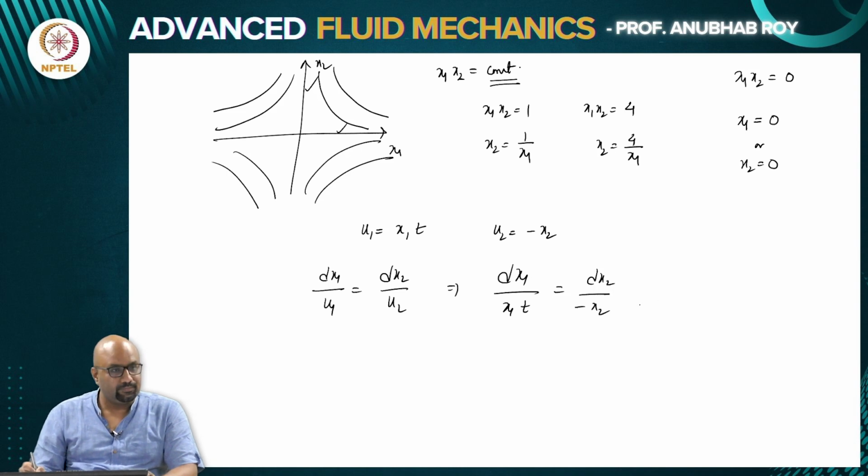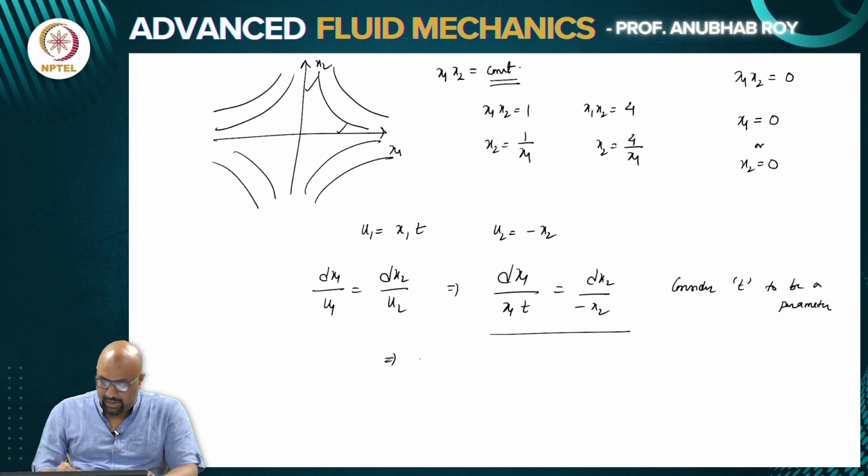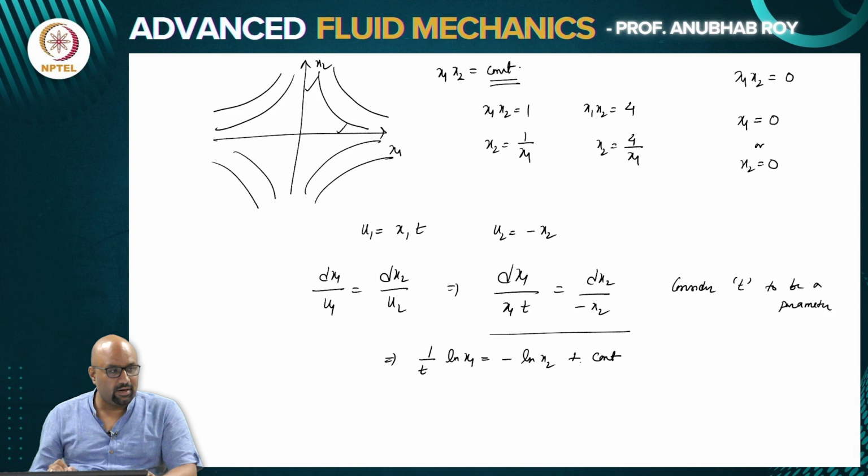minus x2. Now this is where you have to pay attention. When you are going to find the streamline, consider t to be a parameter, fix t. In this integration, t just plays the role of a parameter, nothing else. So when you do the integration, you have 1 over t ln x1 is equal to minus ln x2 plus some arbitrary constant.